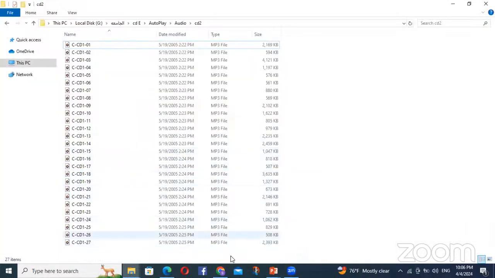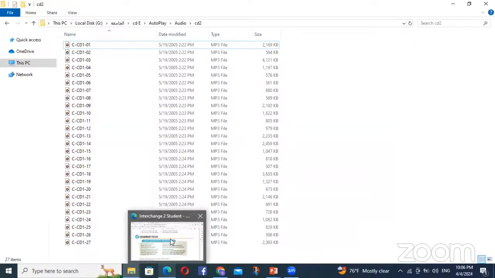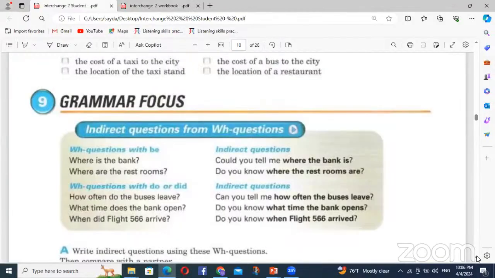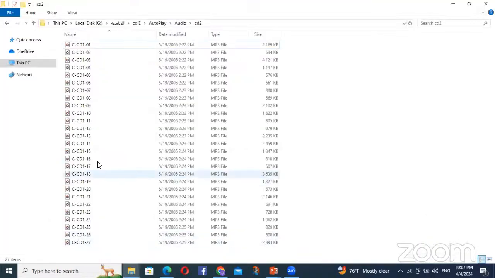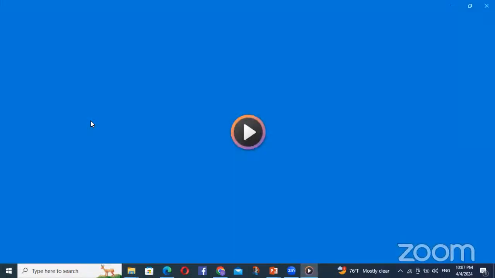Where were we? Page 11, Exercise 9, Grammar Focus. Indirect questions from WH questions.